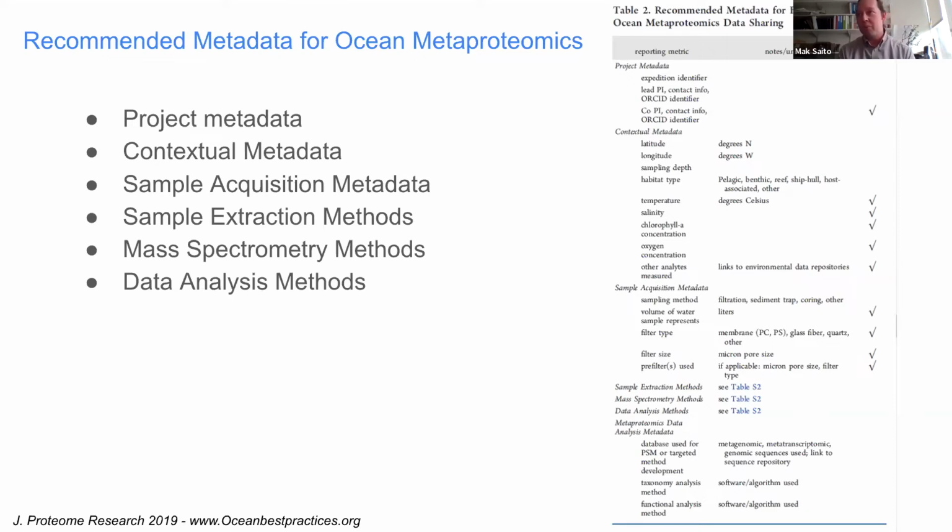And of course, this is really important and what makes environmental work distinct from a lot of medical work. We need to know the latitude, longitude, sample depth, sampling type of approaches, as well as availability for environmental data. There's also information about the processing of the data and mass spectrometry methods, as well as data analysis methods that are needed.